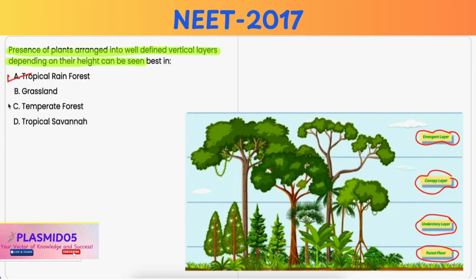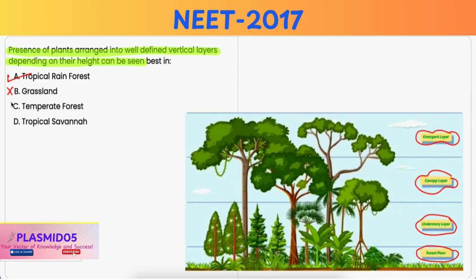Option B, grassland. It is incorrect because grasslands are dominated by grasses with scattered shrubs and trees, but they lack the dense vegetation which is needed to form well-defined vertical layers. Option C, temperate forest.